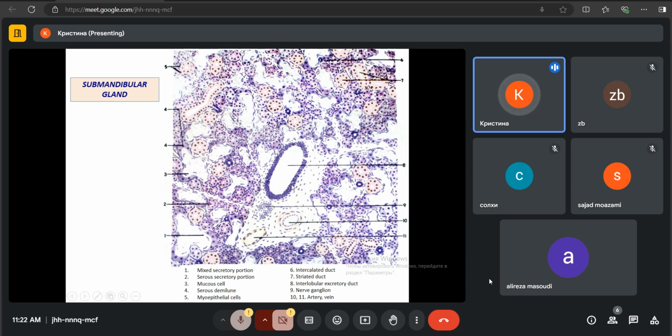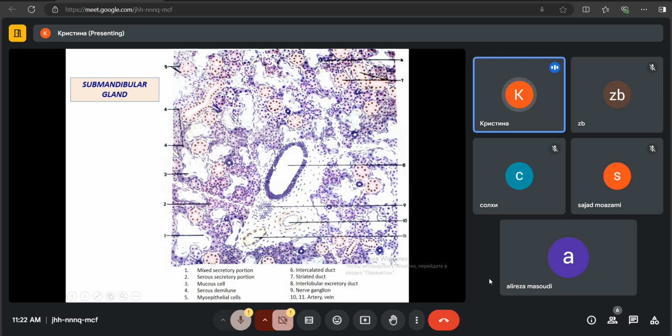And here we have a large layer of loose fibrous connective tissue which separates the tissue of the gland into lobules. So this will be interlobular connective tissue. And here we will have the interlobular excretory duct.